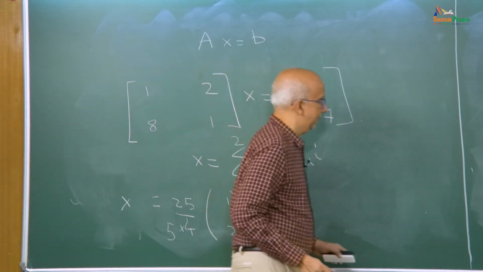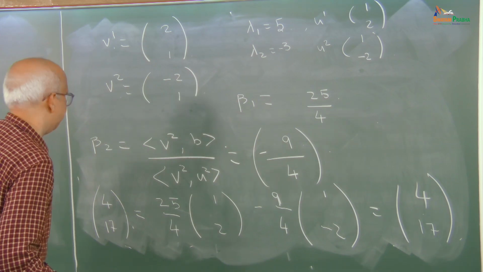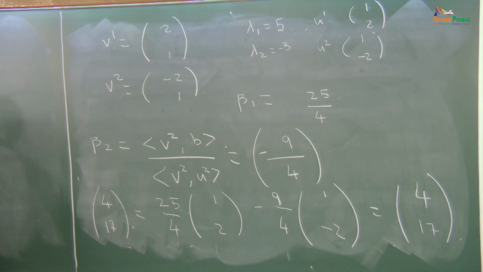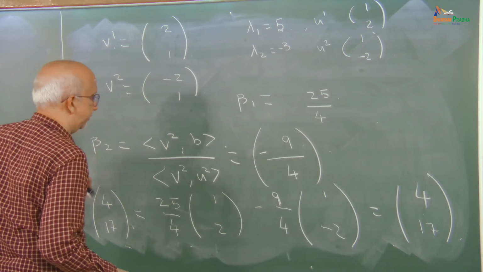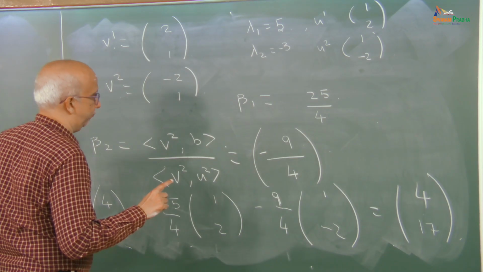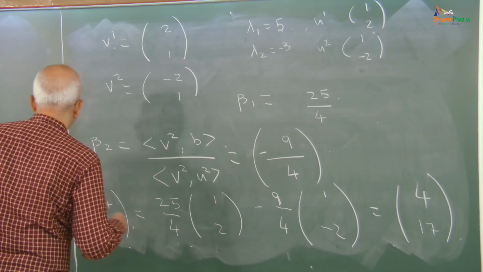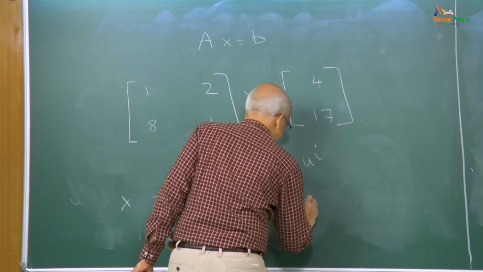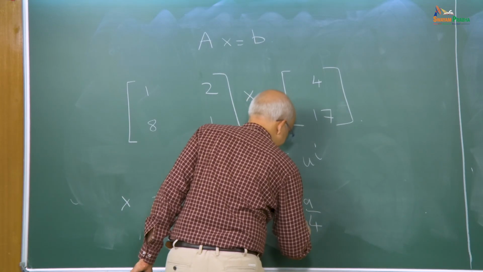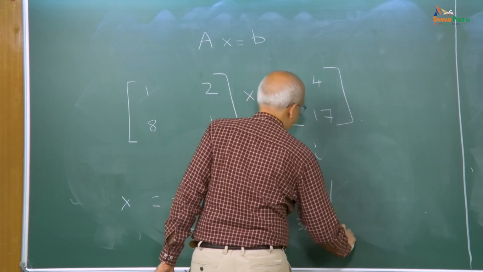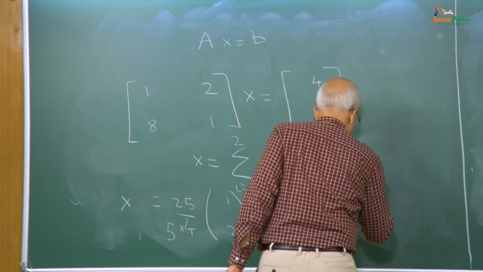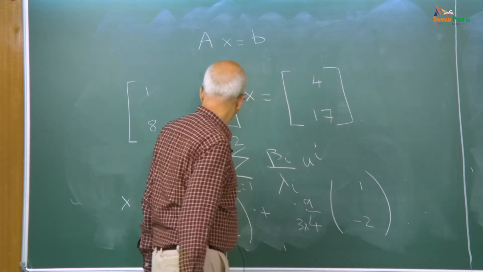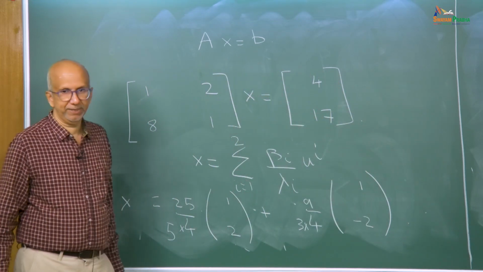Beta 2 is minus 9 by 4 and lambda 2 is minus 3, so minus 9 by 4 by minus 3. Let me put it as plus 9 by 4 and 3, times u2, which is 1 and minus 2. That is my x.